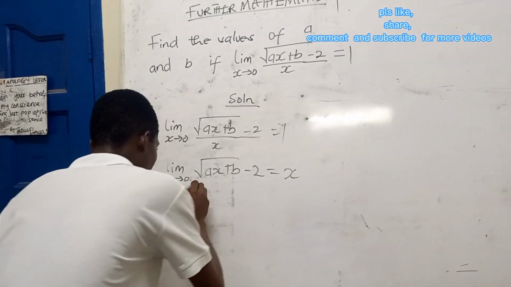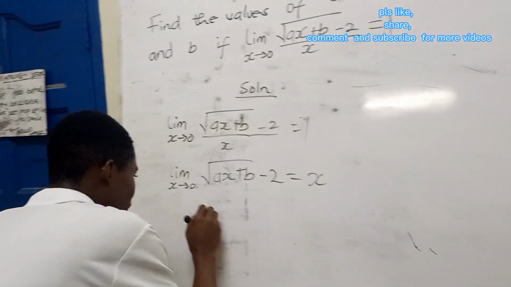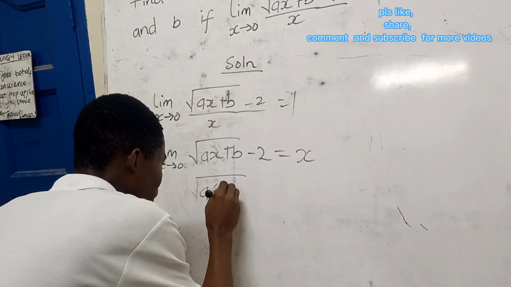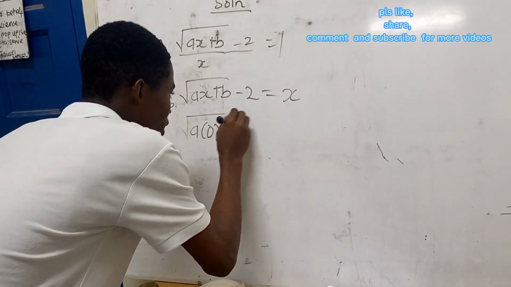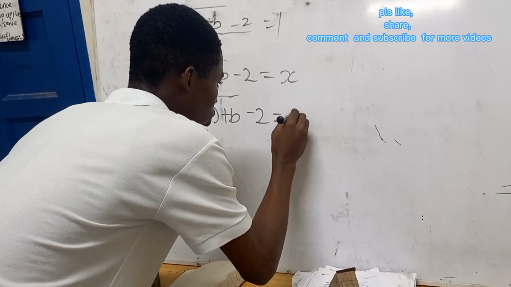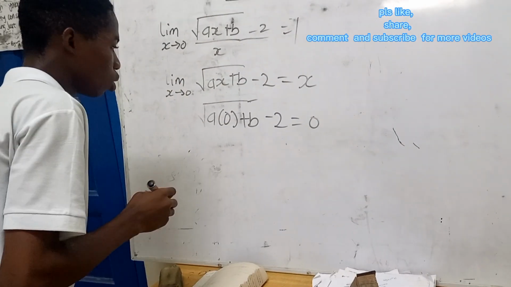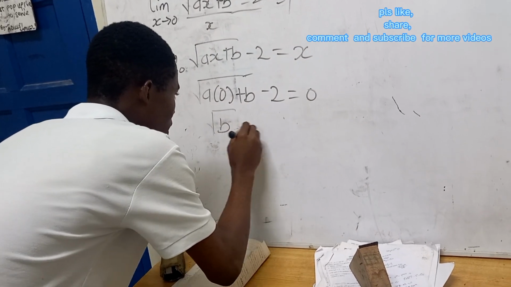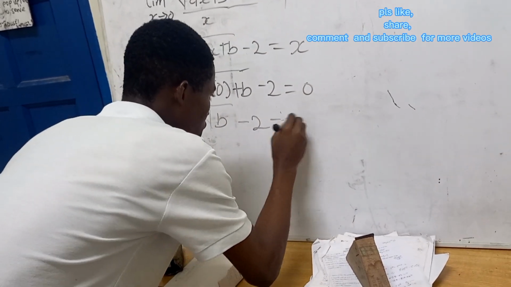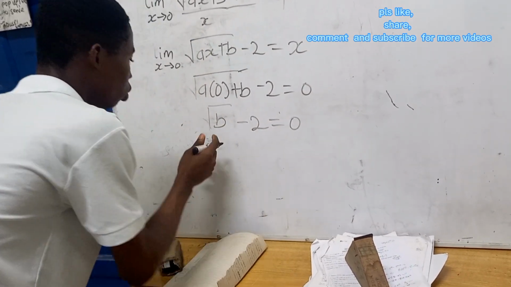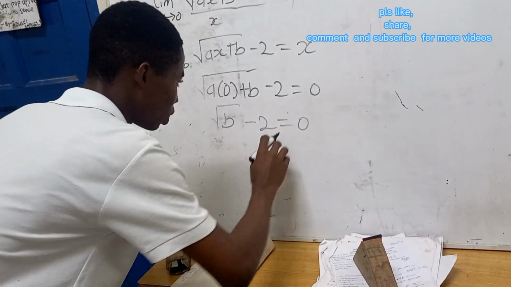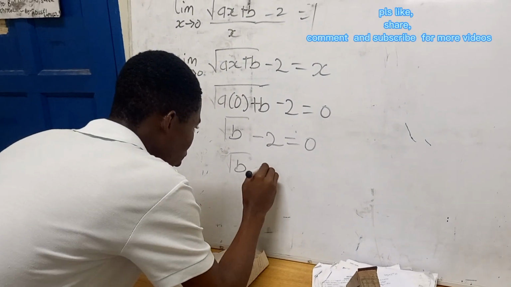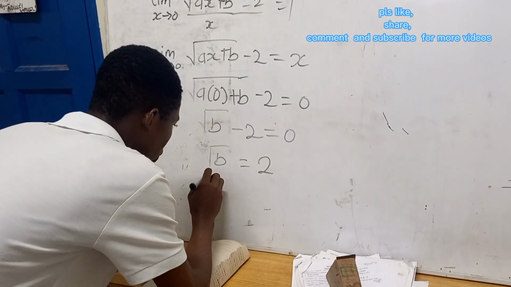So you have this equation: a multiplied by 0 plus b, minus 2, which is equal to 0. So you will be left with root of b minus 2, which is equal to 0. Then you send the 2 to the other side. Then we will have root of b is equal to 2.